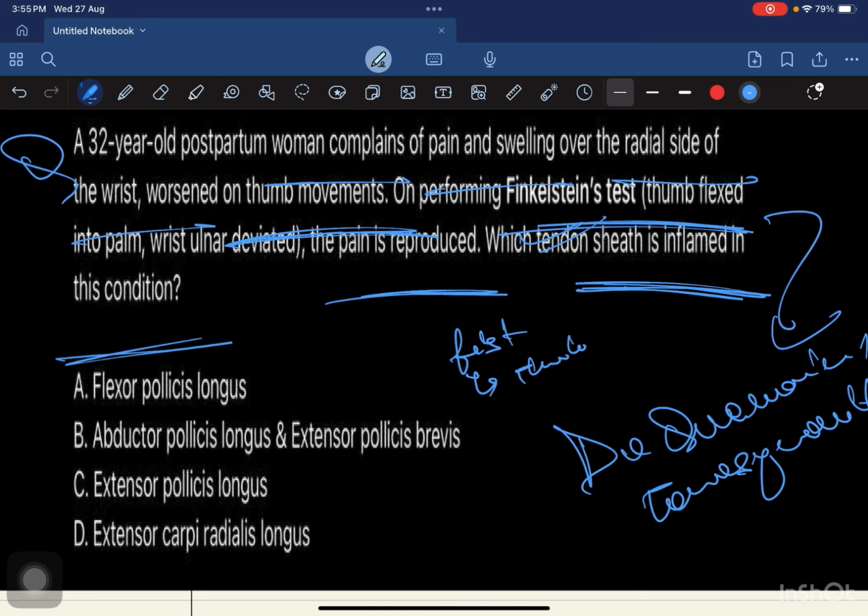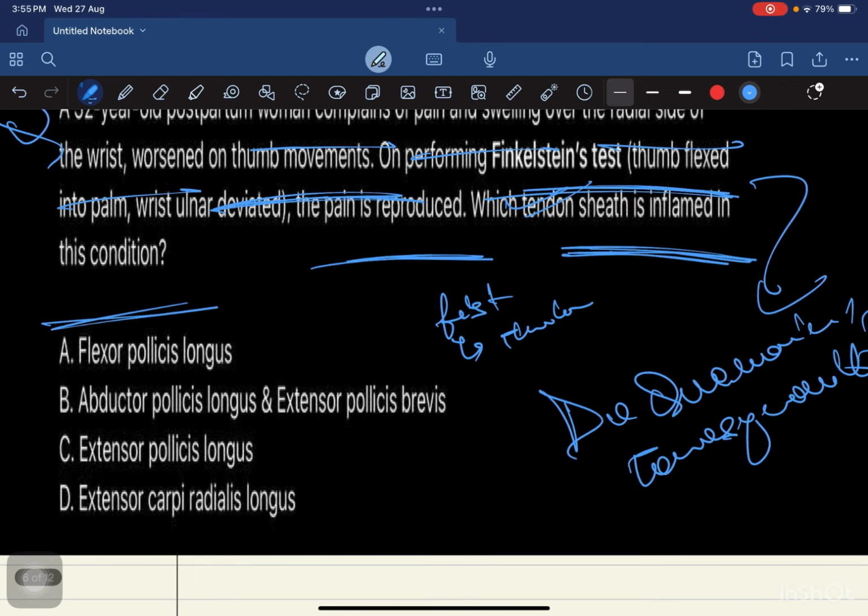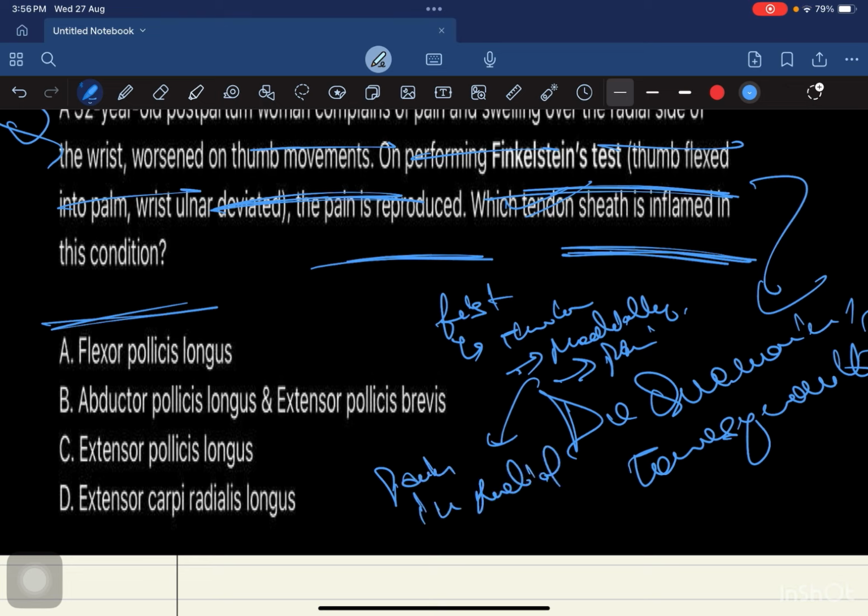Thumb lies inside, and we ask the patient to deviate the wrist ulnarly, like medially. Then the pain is referred to the radial styloid process.